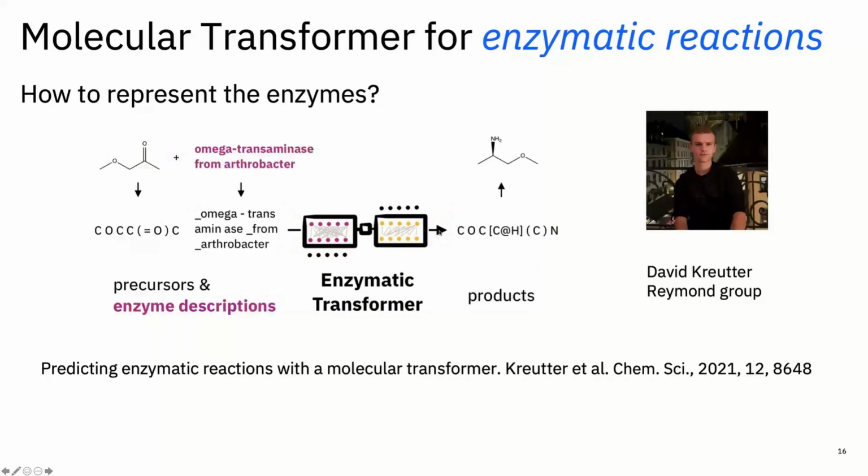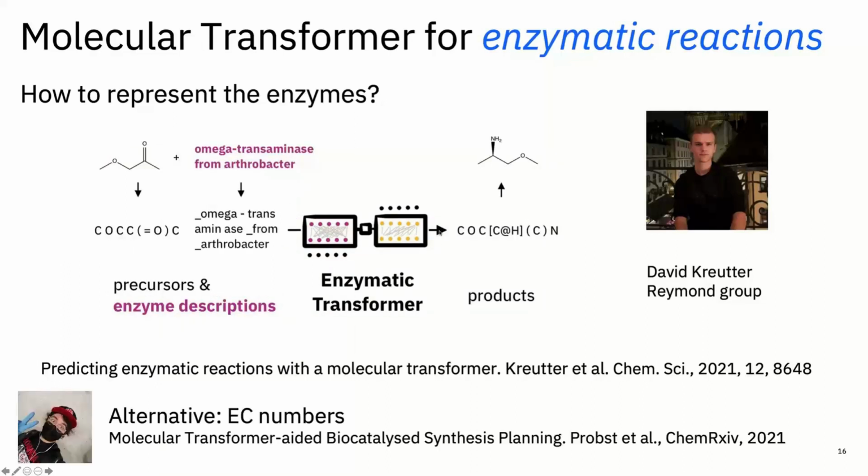And concurrently, we also have the work by Daniel Probst from IBM Research, who went for EC numbers as a representation for the enzyme in the reaction. Both approaches work quite well.